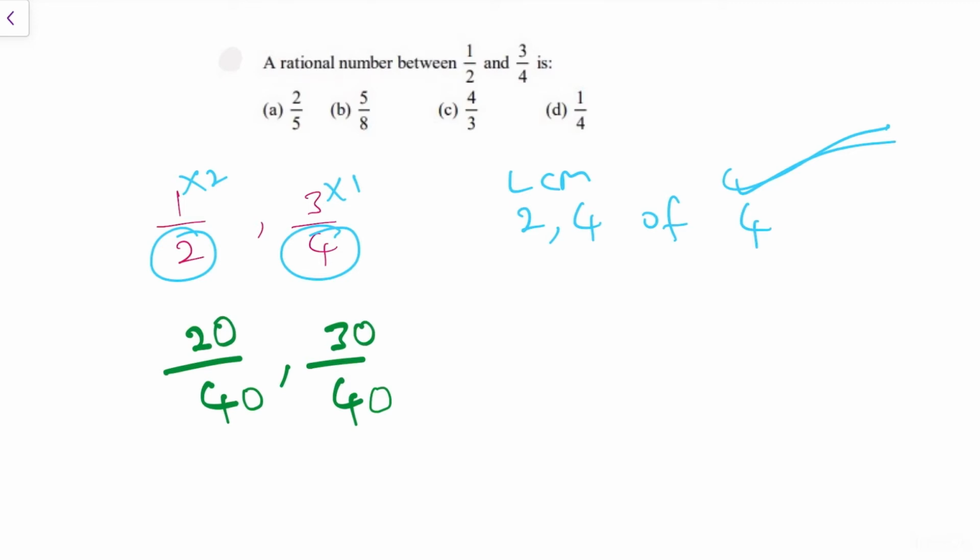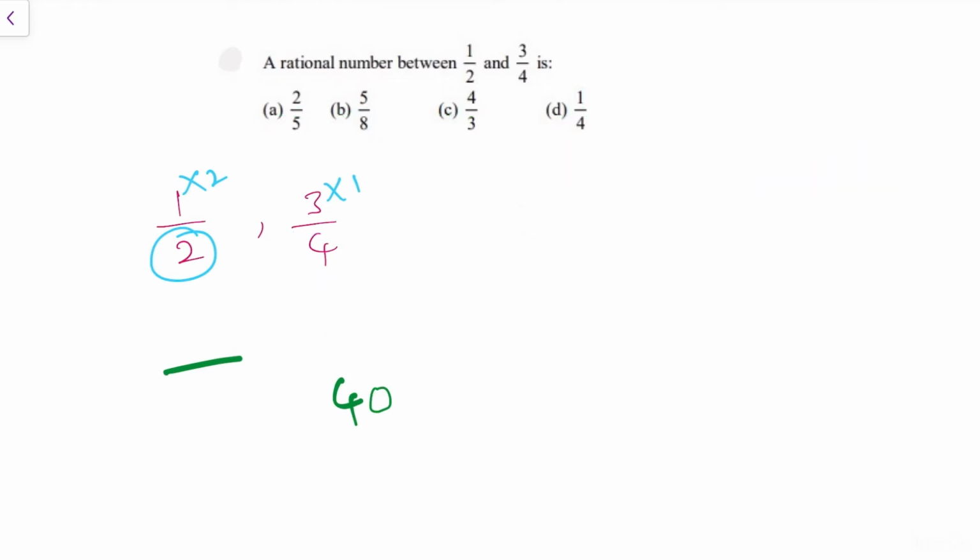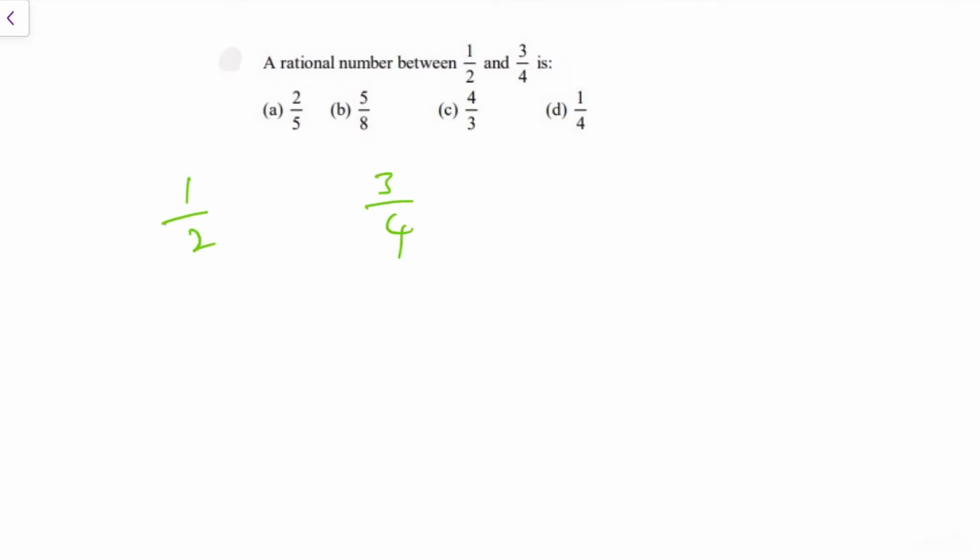So 3 won't come in the 2 table or 4 table, 5 won't come in the 2 table or 4 table, and I tried 4, it's not going to work out. So I will go with 8. Let us check with the denominator 8. The first number is 1 by 2 and the second number is 3 by 4. In the denominator 2, where will we get 8? 4 twos are 8, so multiply and divide by 4.